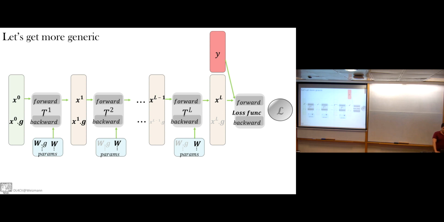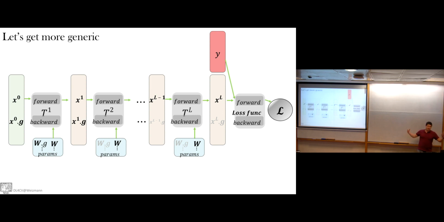And the loss function is also a function like all the others, and it has a forward and a backward. I'll calculate the loss. This was the forward process. Now comes the time for the backward process, the backpropagation. I calculate the loss and I go through the loss function's backward method.